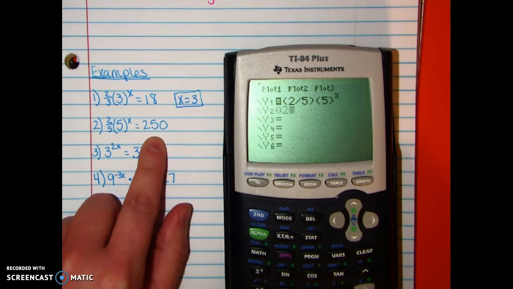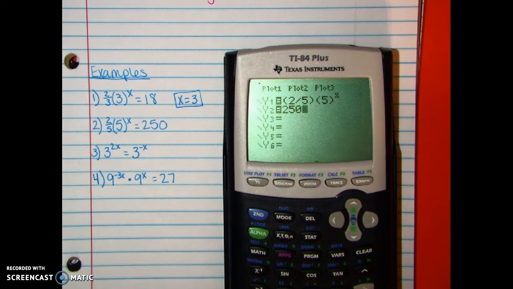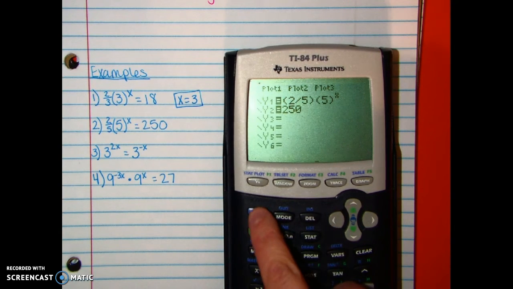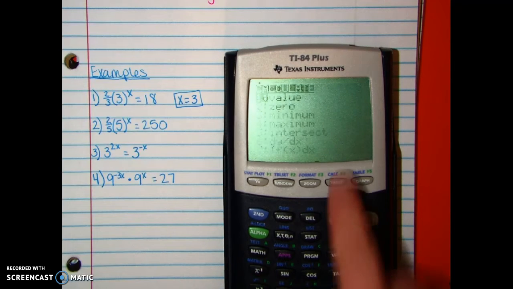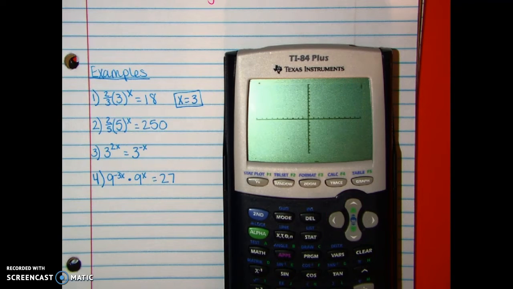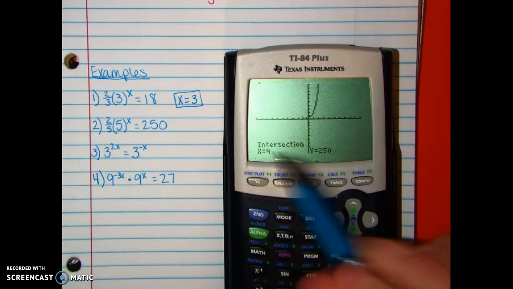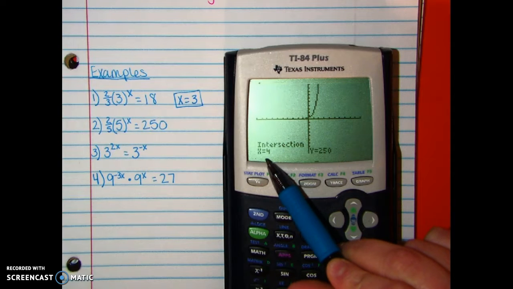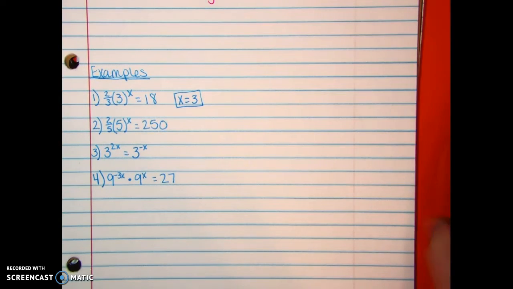Equals 250, so 250 will be the other line. Second, trace 5, and wait for it to graph. Enter, enter, enter. I don't care about the y. I do care about the x. So my answer is x equals 4.